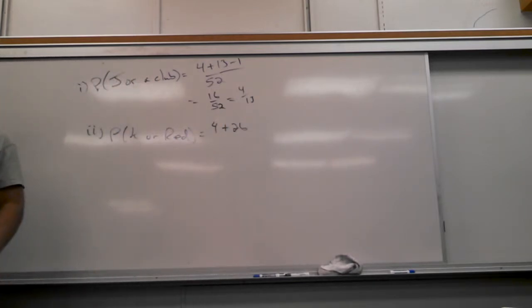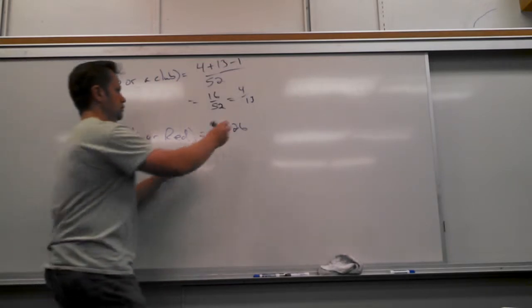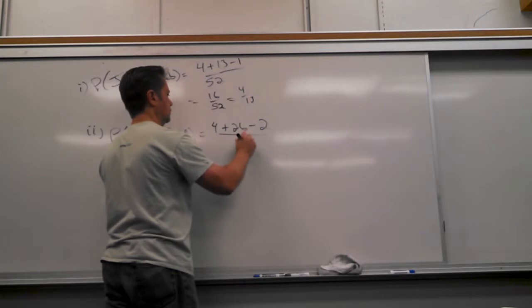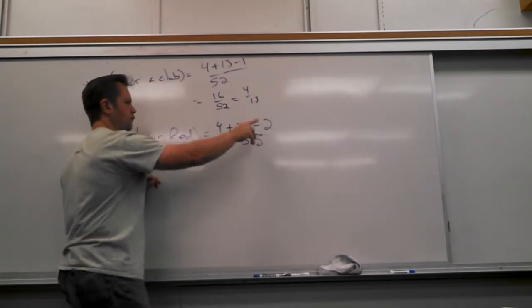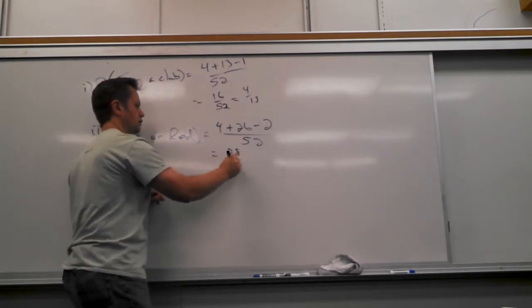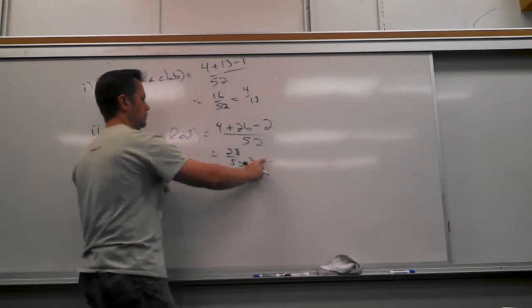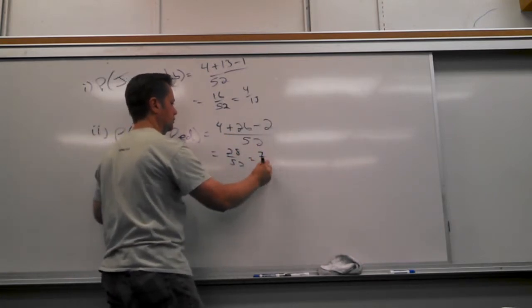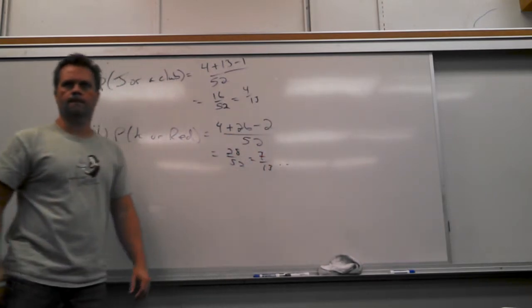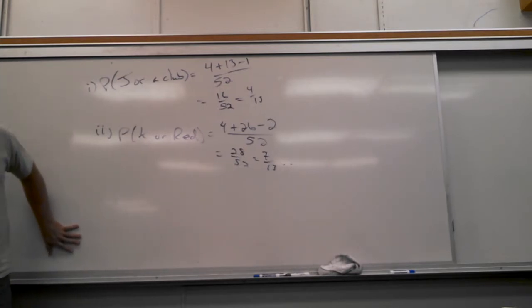So we've got to subtract them off. Math is not always inexplicable. It's like, oh, we counted 2 twice, we better take them off. So subtract the 2 you counted twice. That would be 28 out of 52, or 7 out of 13, or whatever that is. I don't know my division by 13s.